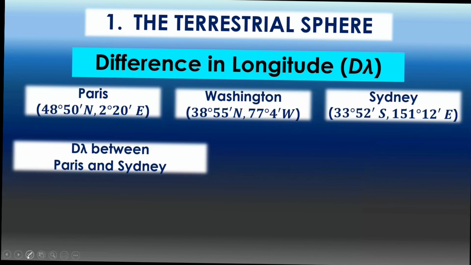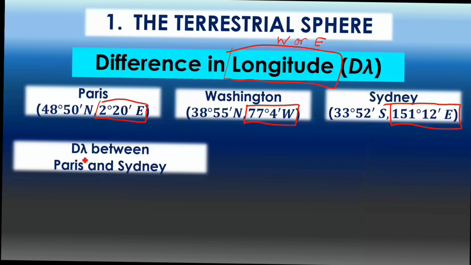Just remember, what we need to look at is the one with W or E. Let us box it per place.